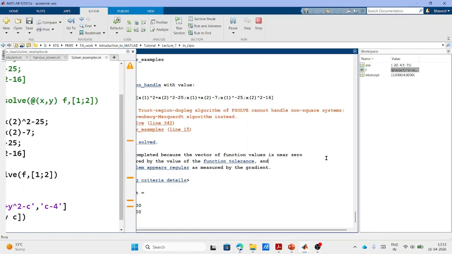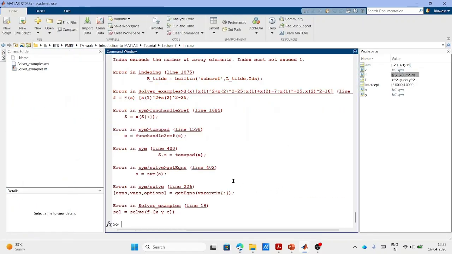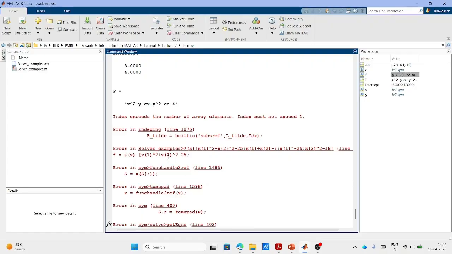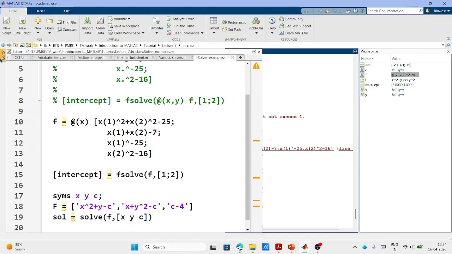and then if I run it, it has thrown me some errors, minus c, some errors.